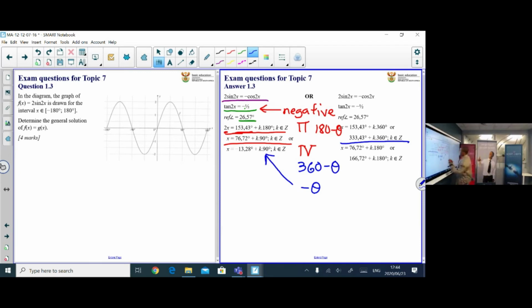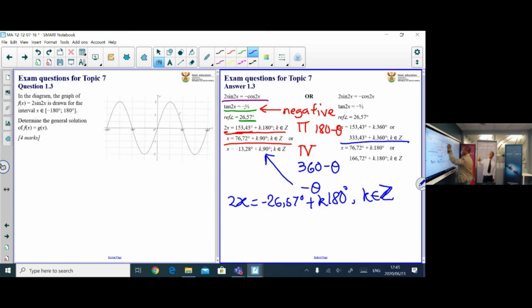So when you have all that, remember, you might want to know why it's 13 there. Remember, it's going to be 2x minus theta will be minus 26.57 plus k 180, where k is an element of integers.